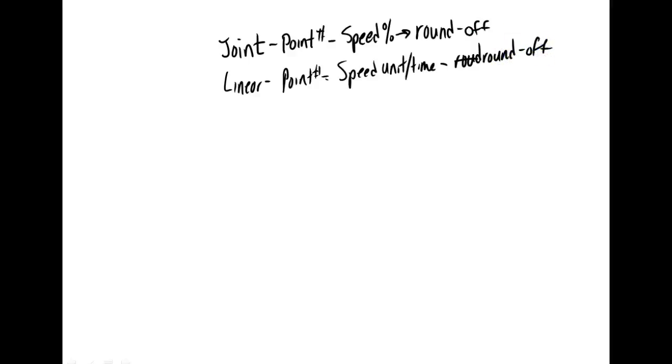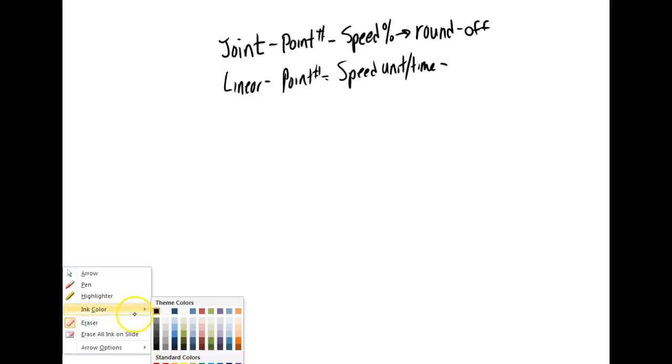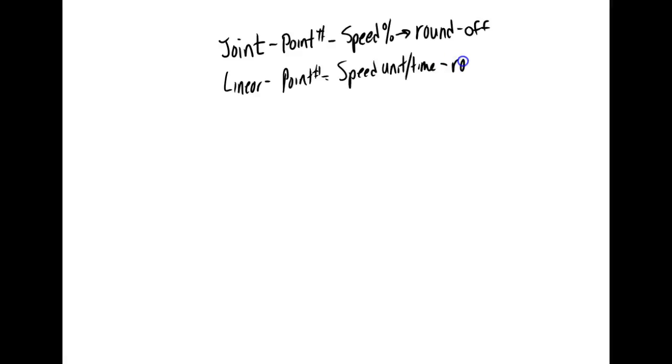And what is round off? Well, it's going to hit a point, but you're right, it's going to change the path. And then the last one we have, so linear moves are straight line moves.